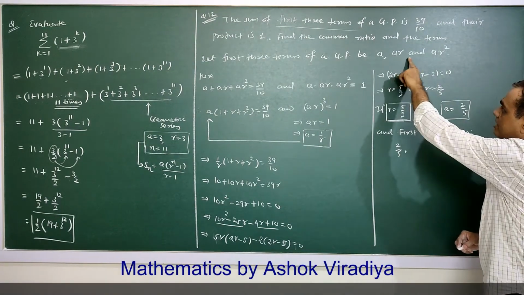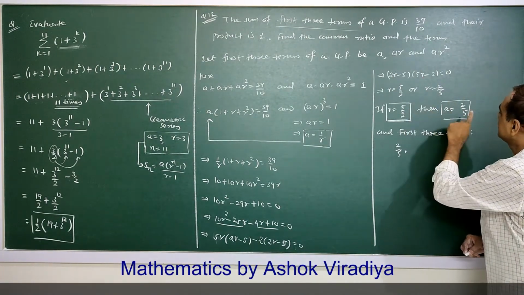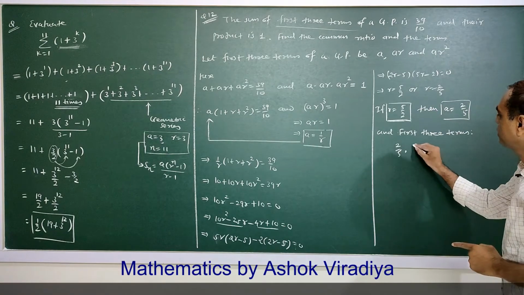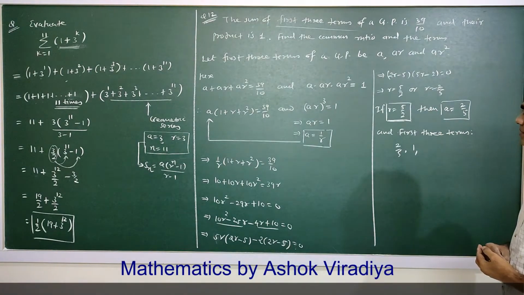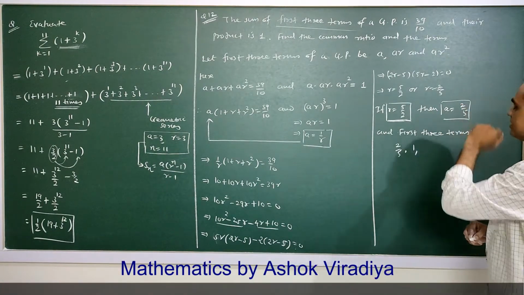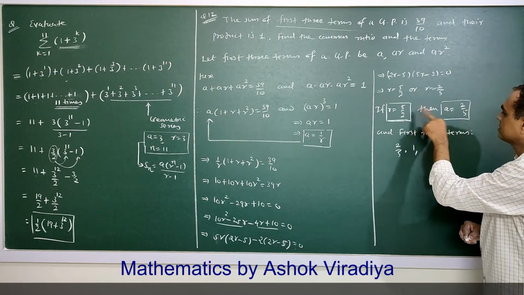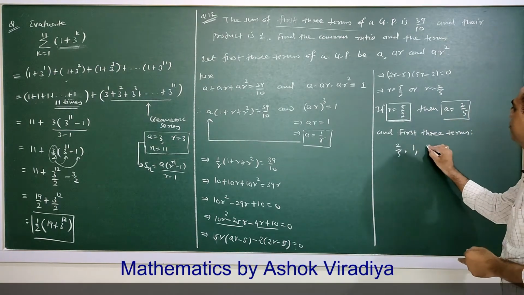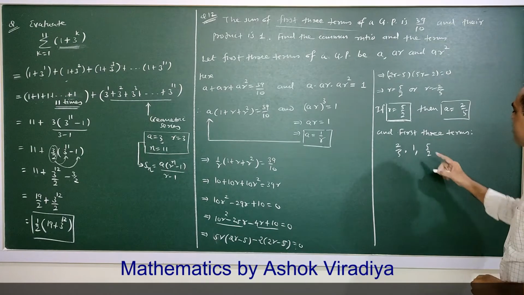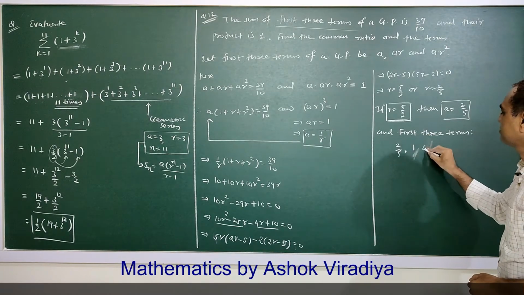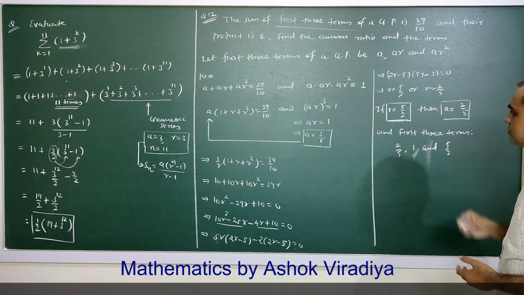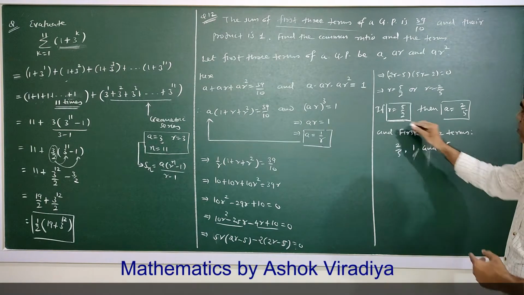Second term is AR, so A into R is how much? 1. Third term is AR square, so that is 5 by 2. So these are the first three terms. This is the calculation for 5 by 2.